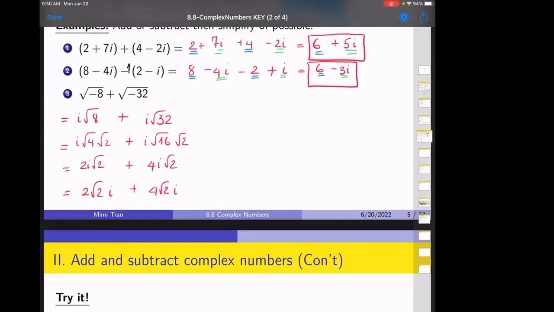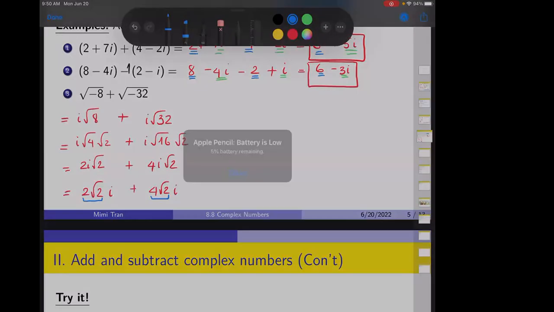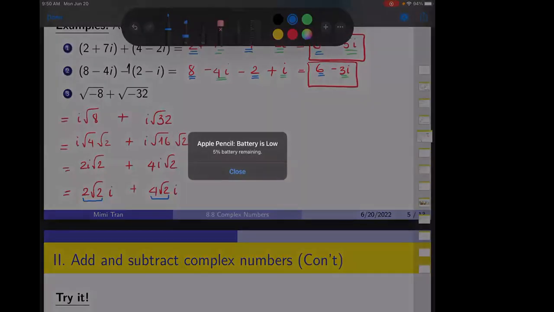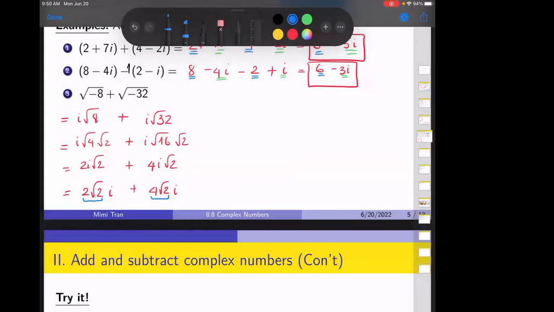Can I add these two together? Are they like terms? Yes, right? They have i, so that's good. But even the radical component, they're also alike, right? So if they're like terms, how do you add? You add the coefficients, right? Remember, for adding and subtracting, if it's like terms, for radicals, you add the coefficients.